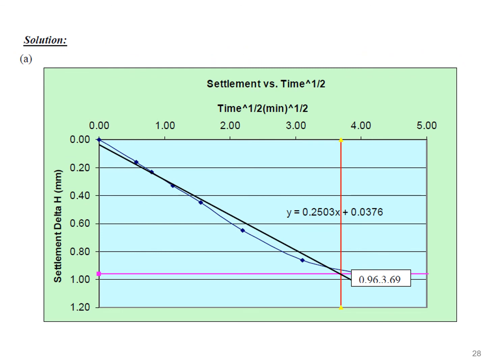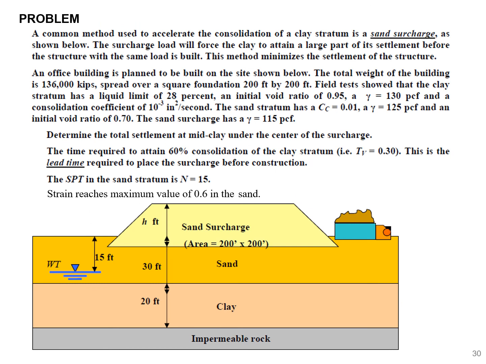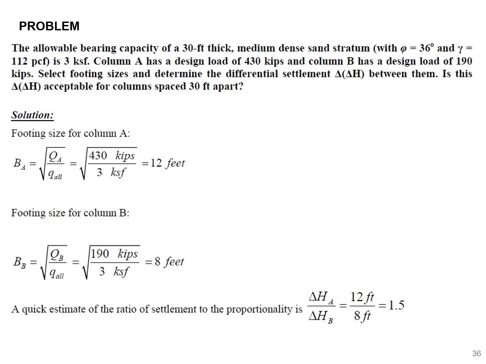This is the solution, and then you would find another problem. The statement is given over here. We are having the same charge in this case, and in this way, different problems you would find.